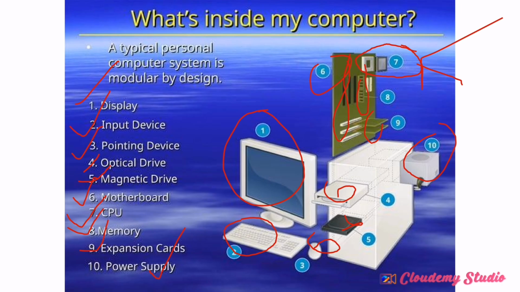A computer can receive about 240 volts, but there are certain components in the computer that only need maybe 3 volts, 5 volts, 6 volts. If all the 240 volts went directly to the computer, definitely the computer would be damaged.